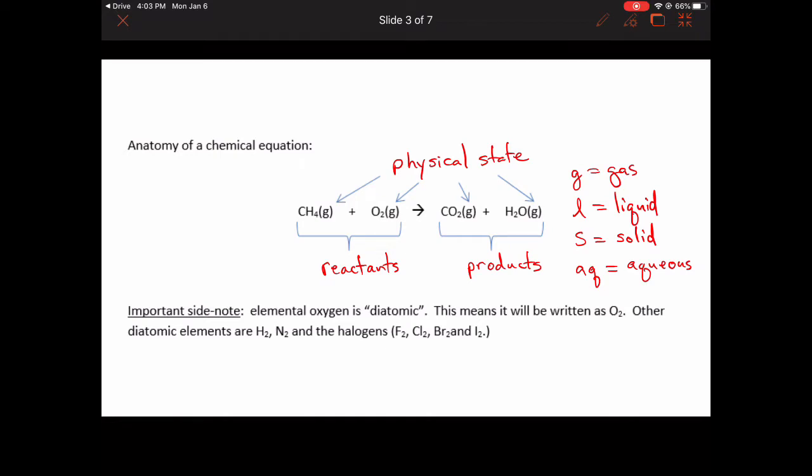Okay, and then down here it says an important side note: elements are sometimes in pairs, like O2. That's called diatomic. So when you have oxygen being used in this reaction, even though it's a pure element and not a compound, it does have a subscript, and that subscript is going to be 2. Now there's also hydrogen, nitrogen, fluorine, chlorine, bromine, and iodine that all act the same way.